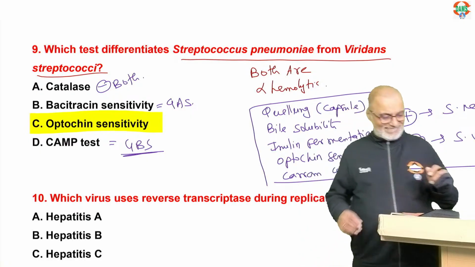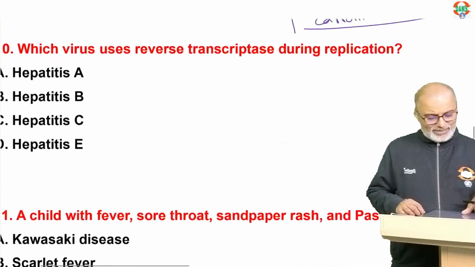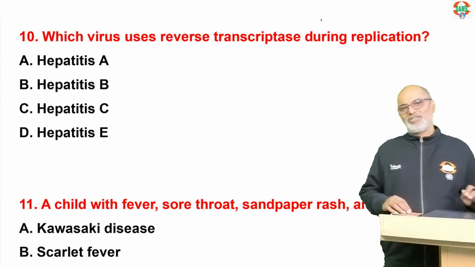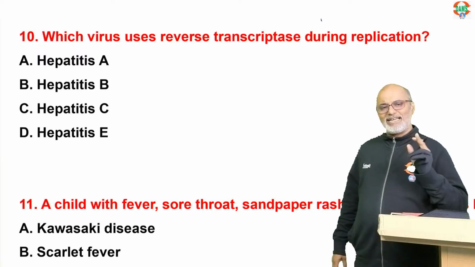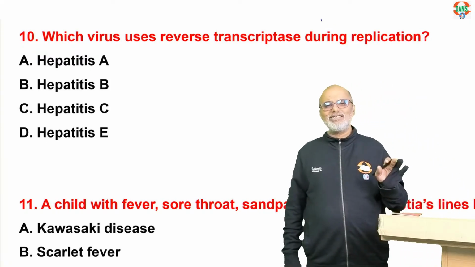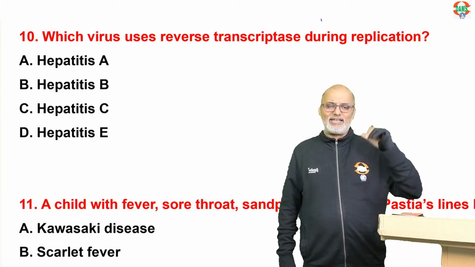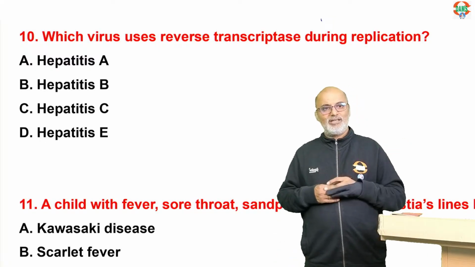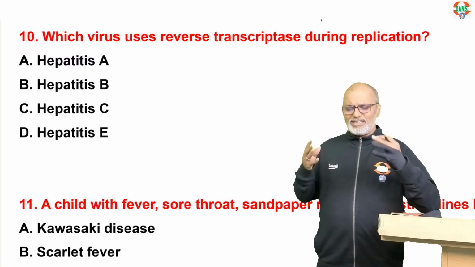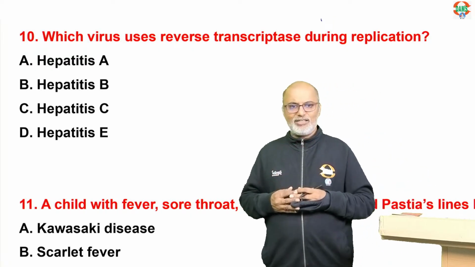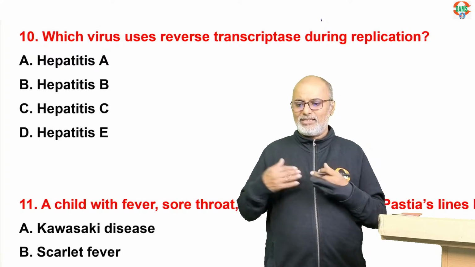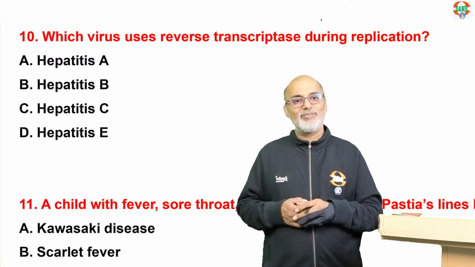Which virus uses reverse transcriptase during replication? Reverse transcriptase is an enzyme usually present in retroviruses, HIV, HTLV. It is used to integrate with the host genome, with the help of an enzyme called integrase.